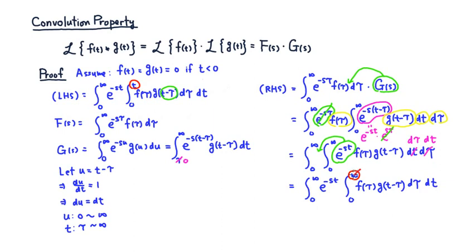So if you scratch this infinity, we can actually stop at t, because going beyond that gives you 0 anyway. Then you can see that this is exactly the same expression as the left-hand side. So this is equal to the left-hand side. This establishes the convolution property. That's it. I hope that this was clear.